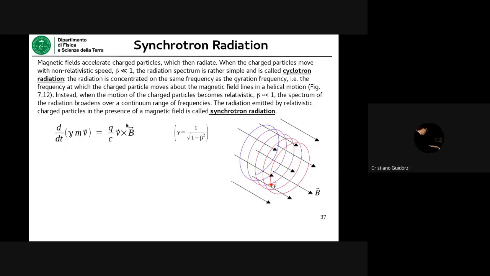We assume that the magnitude of velocity changes very, very slowly. In particular, after one loop of the electron around the magnetic field line, we neglect the change in the modulus of the velocity. Okay, so having said that, of course, gamma, which just depends on beta, so it just depends on the modulus of v, we can approximately treat as a constant quantity.